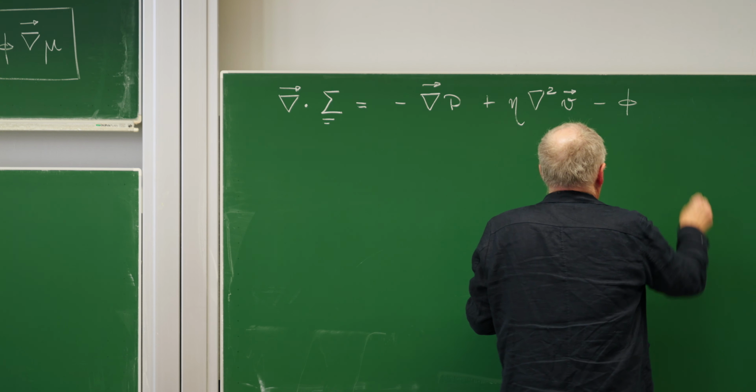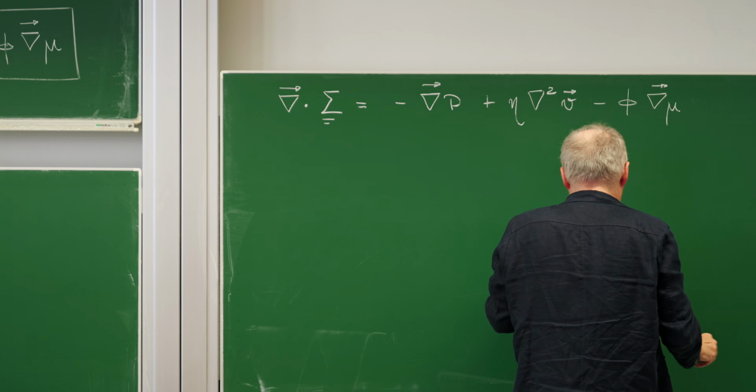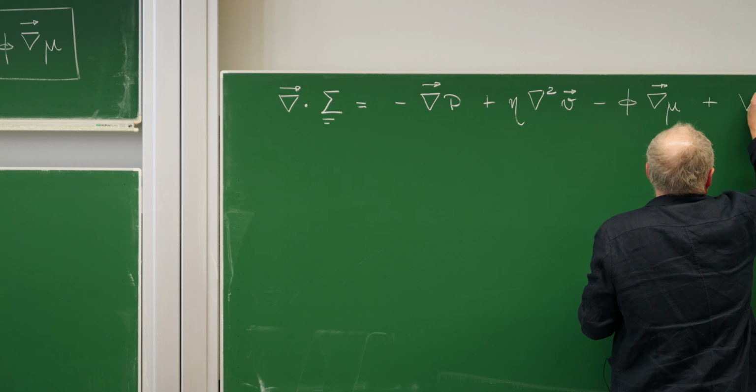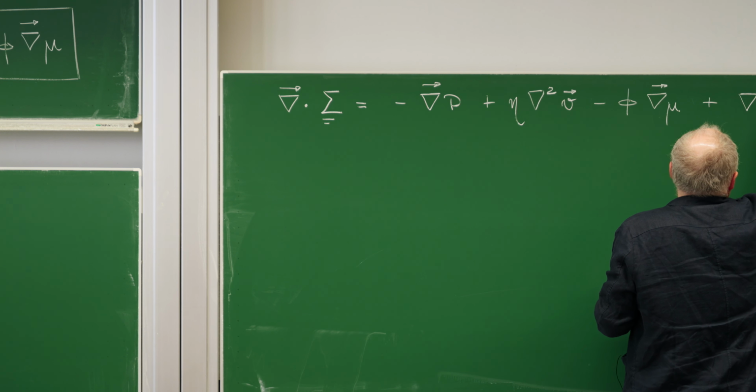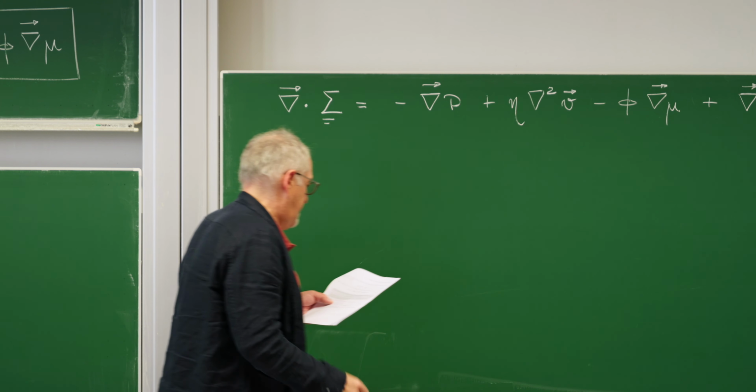And then we have minus phi times the gradient of mu plus nabla dotted into the noise term.